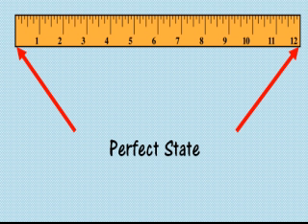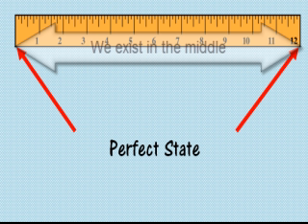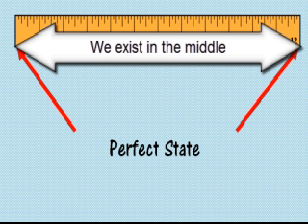You can see here I've got 2 ends to the ruler. Now the numbers on the ruler aren't important. Notice, however, that the arrows are pointed to the far ends of the ruler. So let's say that our left side is perfect femininity and our right side is perfect masculinity. We don't exist at these extremes.